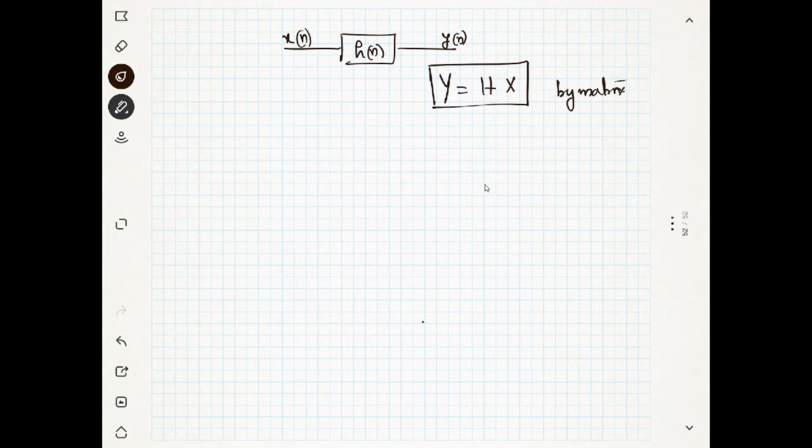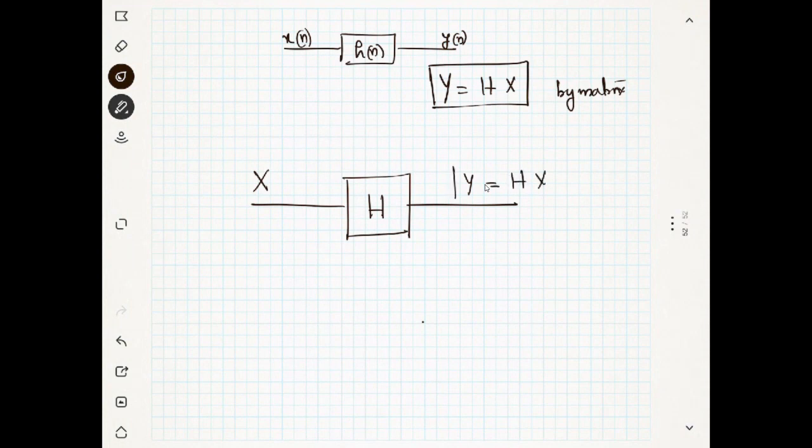So that is the property. But when you see the matrix, you have the system now H and you have the input now X, and you have the y, and y is nothing but h into x. This kind of notation is very important in the literature. If you read the papers and research articles, you can see this kind of notation.